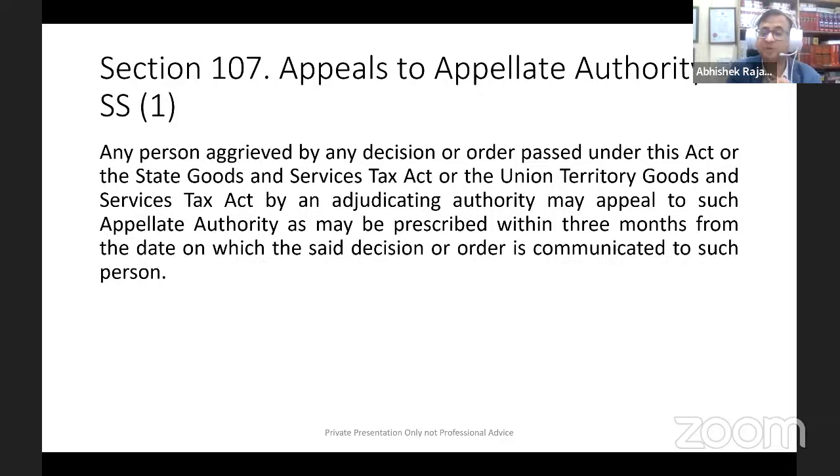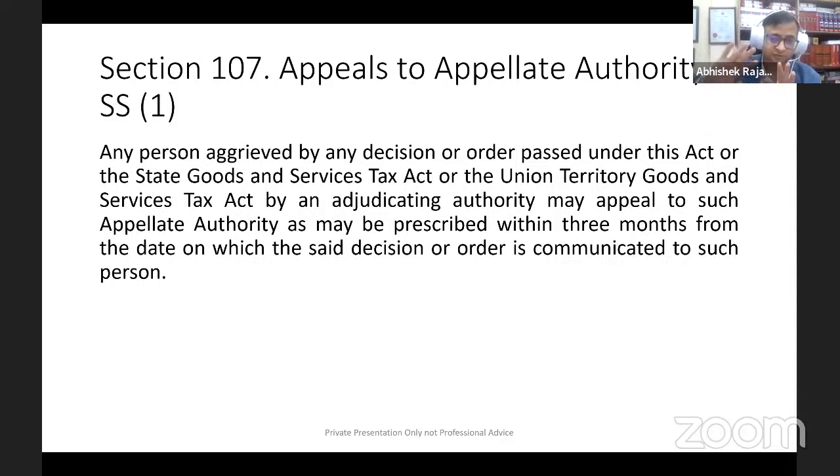Sometimes the department does not provide you personal hearing, which is against principles of natural justice. In fact, in section 75, subsection 4, it has been mentioned that where an officer wants to pass an adverse order against you, it could be reducing your ITC, enhancing your output tax liability, reducing your refund, or cancelling your registration.